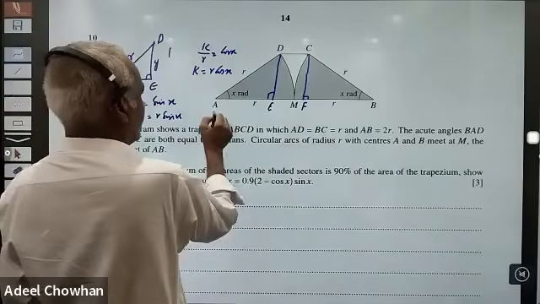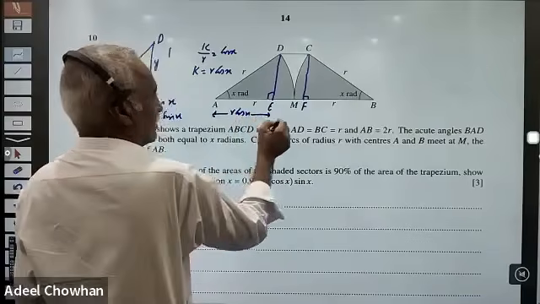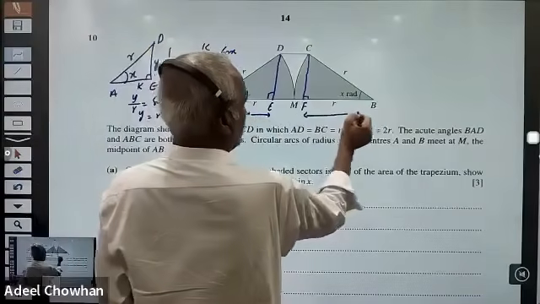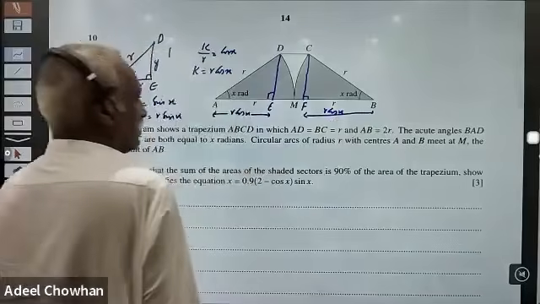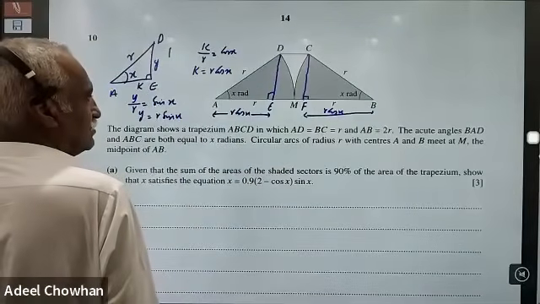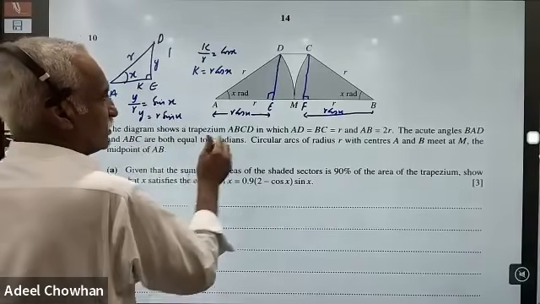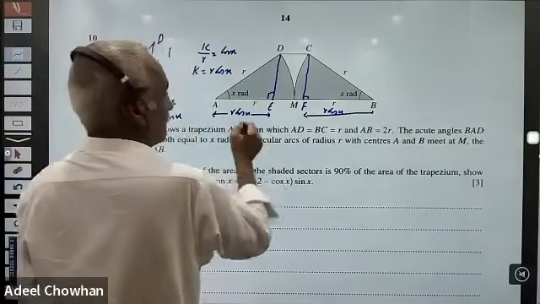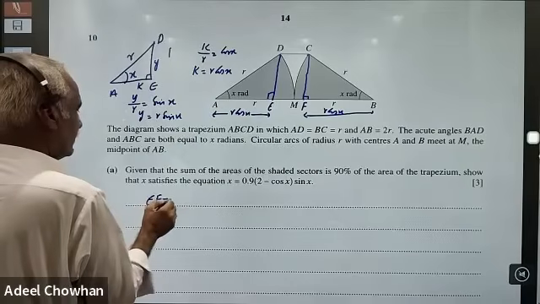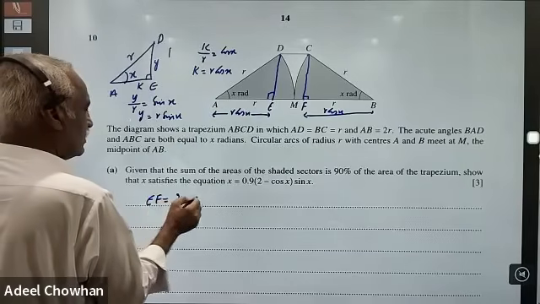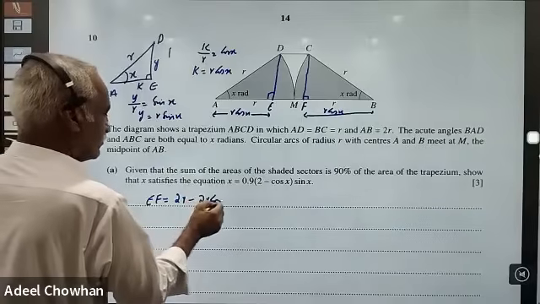So A to E is R cos of x, and this M to P is also equal to R cos of x. So the total length of this AB is 2R. So EF will be equal to 2R minus 2R cos of x.